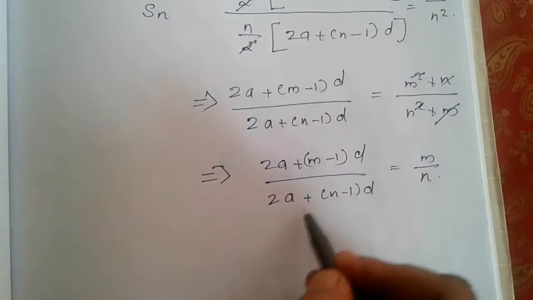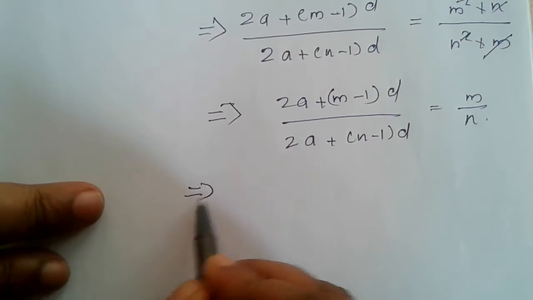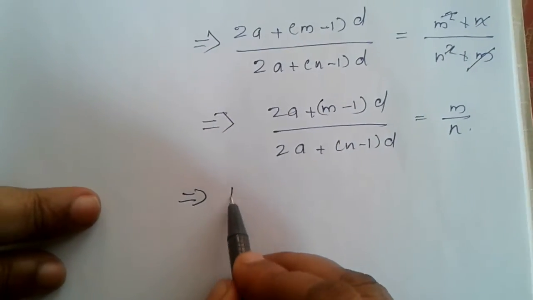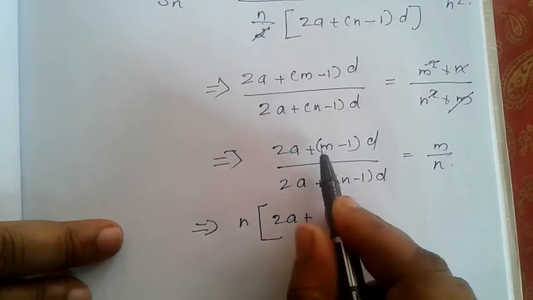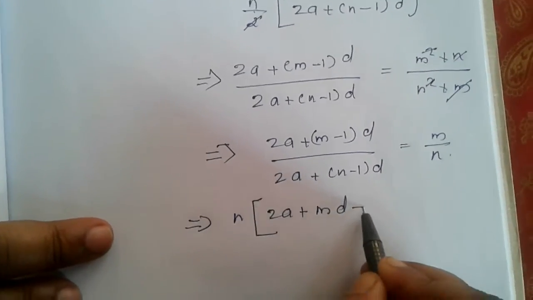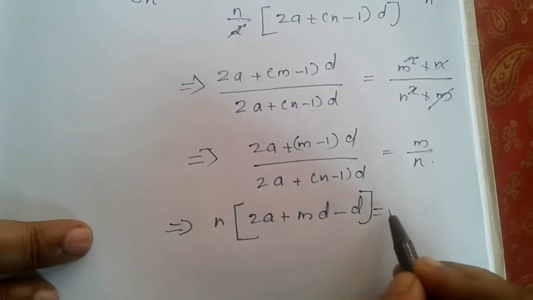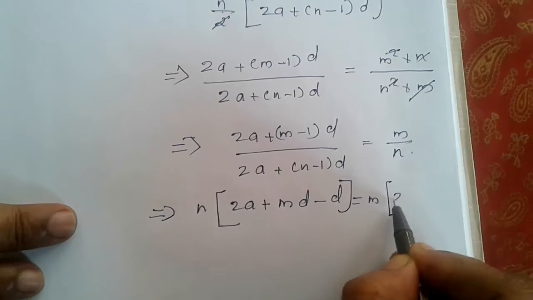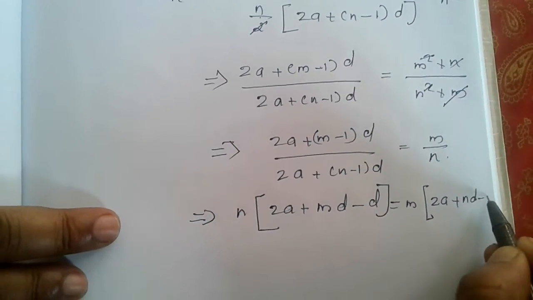Then we do the cross multiplication and simplification. So n into 2a plus m minus 1 into d, equal to m into 2a plus n minus 1 into d.